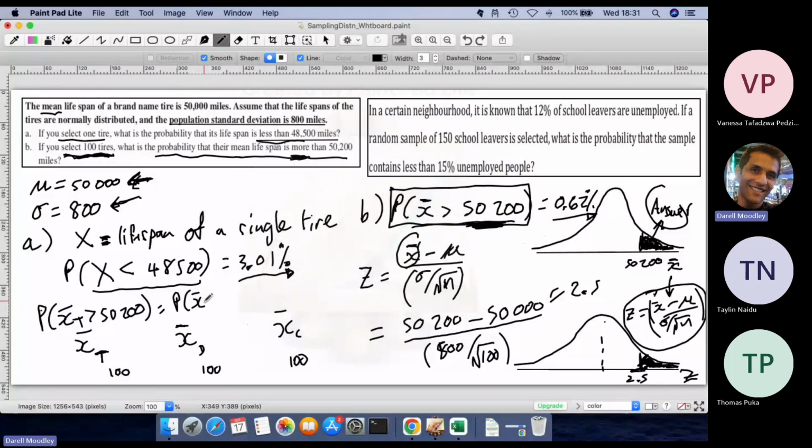Probability of x bar D greater than 50,200. And it would be the same for person C as well. Probability of x bar, you get the point. 50,200. So it applies to all of our samples. You're not working out for a specific sample. For any sample of the same size, the probability would be the same.